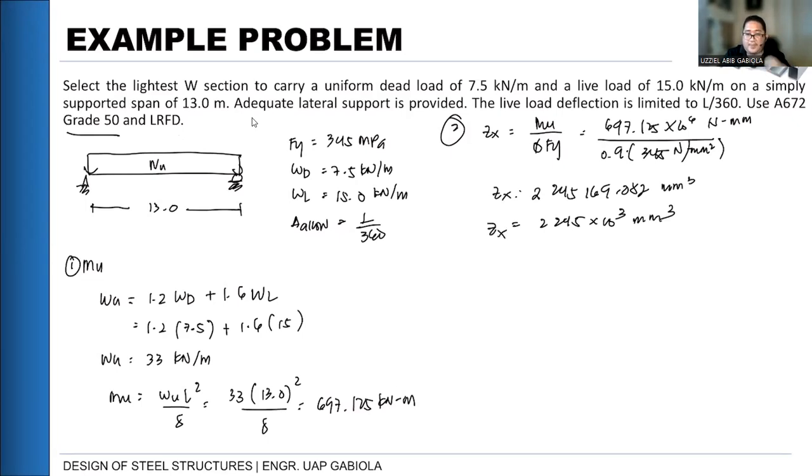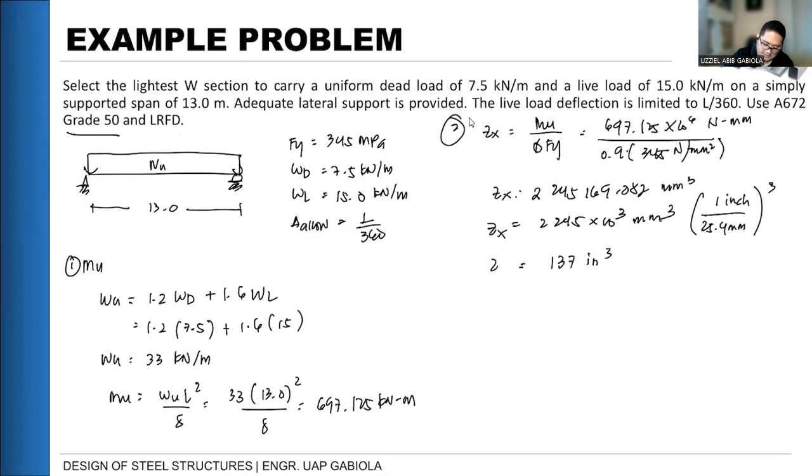So, pwedeng gawin nyo is i-convert natin into inch cube. 1 inch is 25.4 mm. So, 2,245 times 10 to the 3 times 1 over 25.4, then cube, we have 137 inch cube.